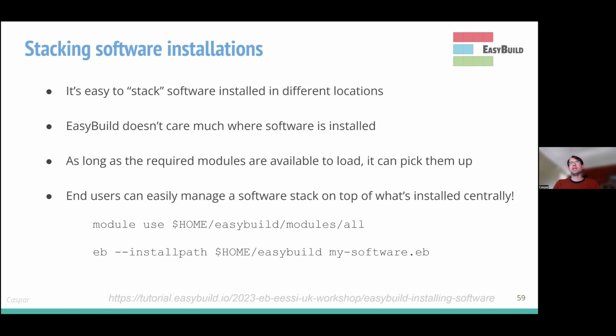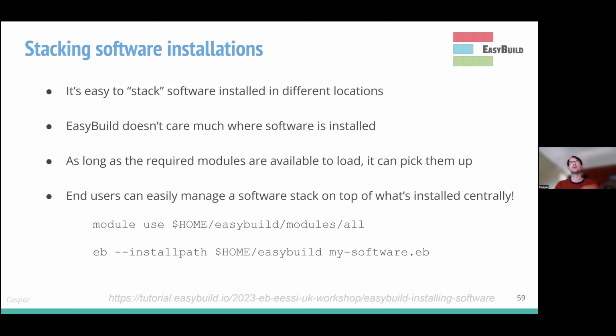EasyBuild actually doesn't really care where you install stuff. So you could actually have 4 prefixes that you use in an alternating way. As long as all of those are on your module path, EasyBuild will find all of the dependencies installed there, and it will work. But of course, it's not very sensible to spread it out over 4 random locations. However, it is very useful to have the ability for end users to build on top of a system-wide software stack.